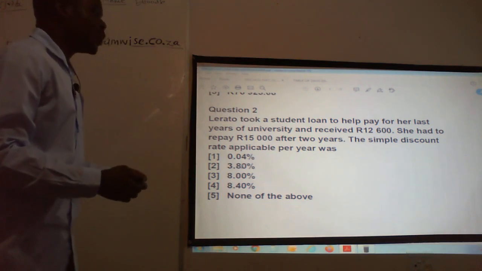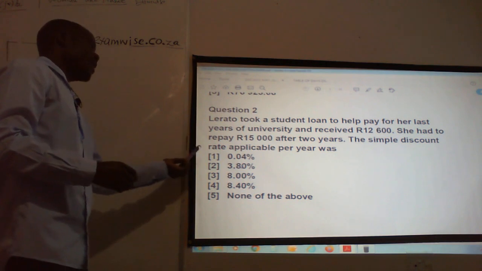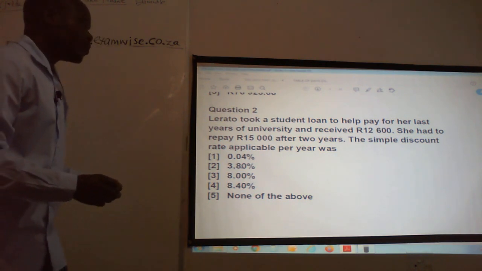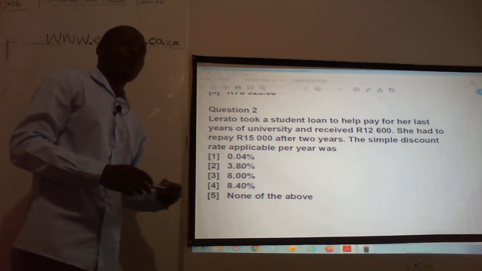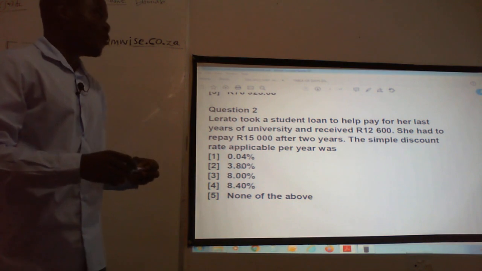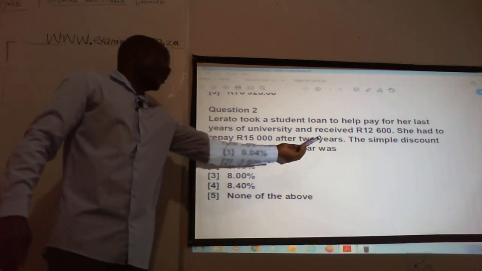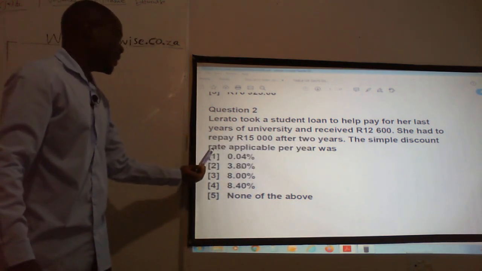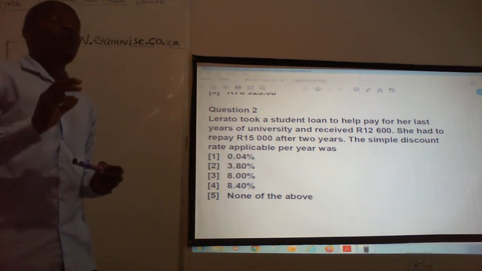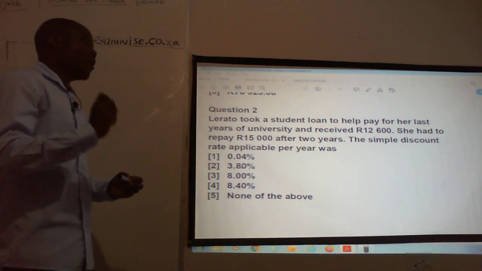The simple discount rate applicable per year was. So the first thing as well, we need to determine what we are required to calculate. So the question requires us to calculate the simple discount rate applicable per year. That is what we are required to calculate.